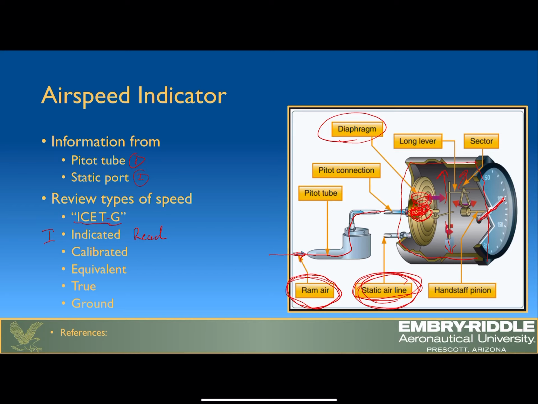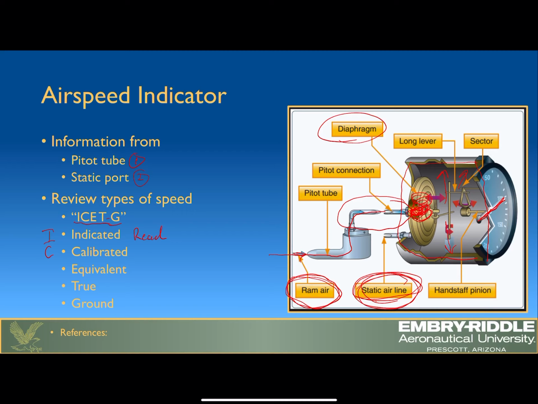Okay. We take that information and we need to calibrate it. This is where the C comes in for the ICE. So with calibrated airspeed, when we build our airplane and we have all of these pipes and everything that the airspeed indicator is connected to, there becomes some error.